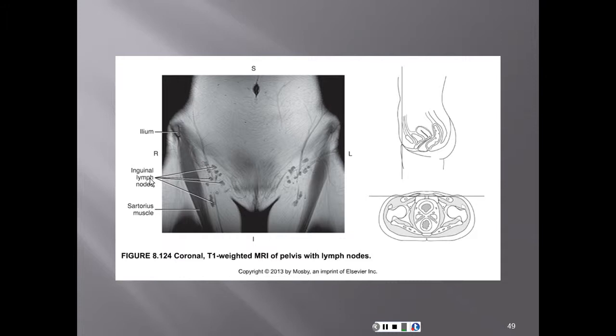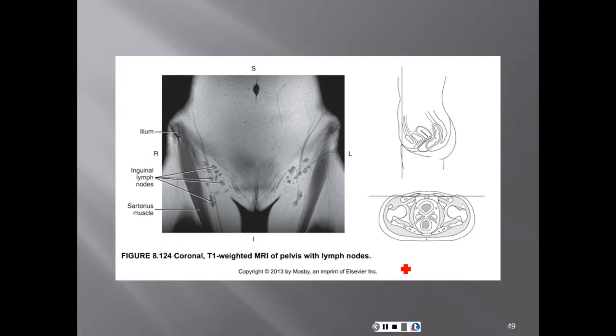So on this picture, which is pretty much adipose tissue, this is showing with very much detail the inguinal lymph nodes. This is that sartorius muscle that wraps down the leg and attaches into the lower leg.